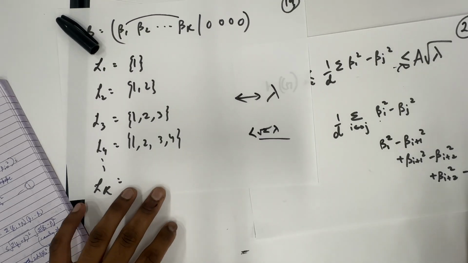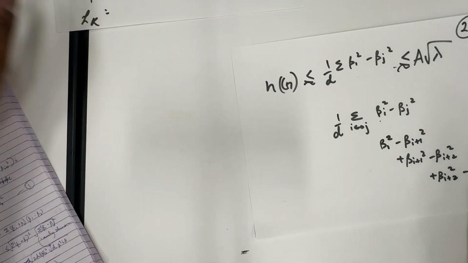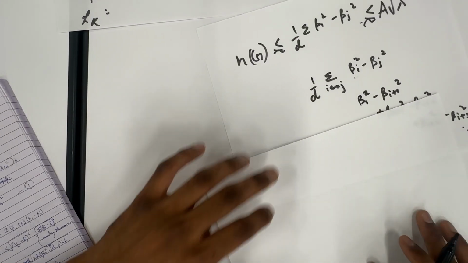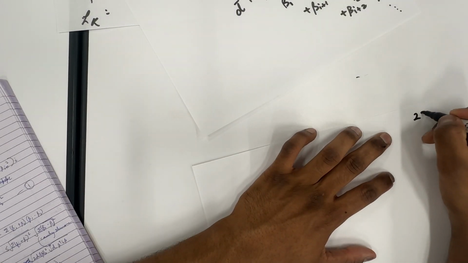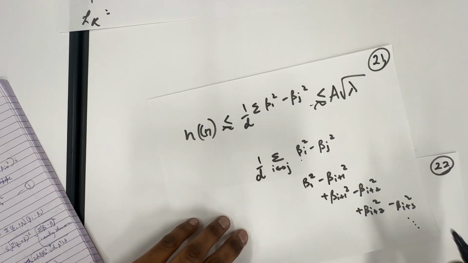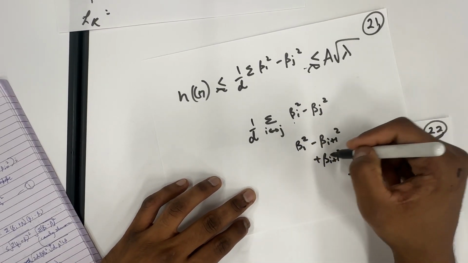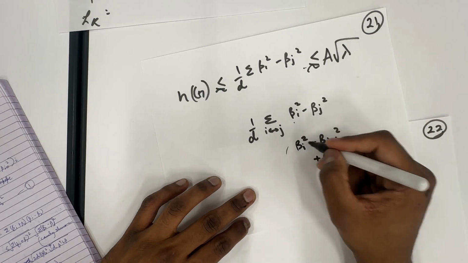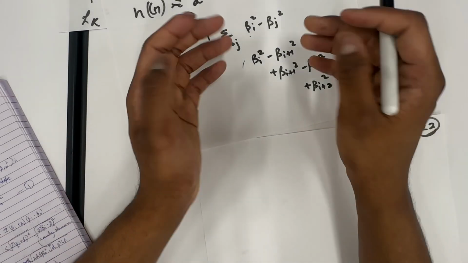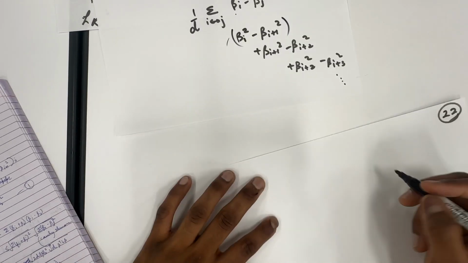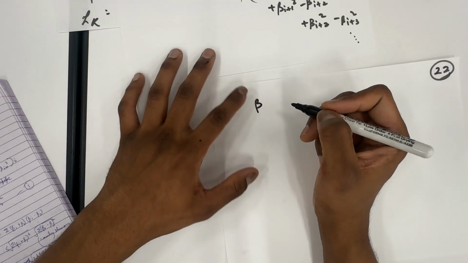Now, why did we write it like this? Because now if we try to sum up just the particular beta i minus beta i plus 1, let's just look at this particular one. So let me write my beta vector first to make it easy.